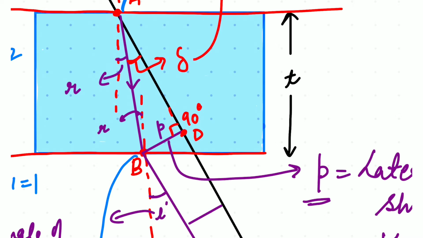Why? Because these two lines are parallel to each other, and you can see this forms a Z sign. So these angles are alternate angles. If this is R, then this angle must be R too. I hope you guys can see that.